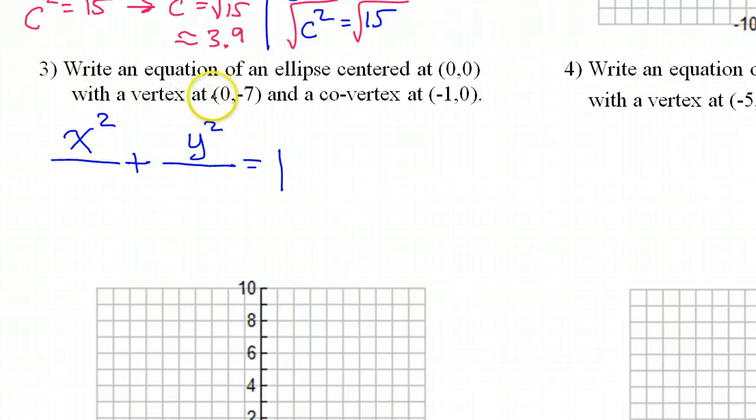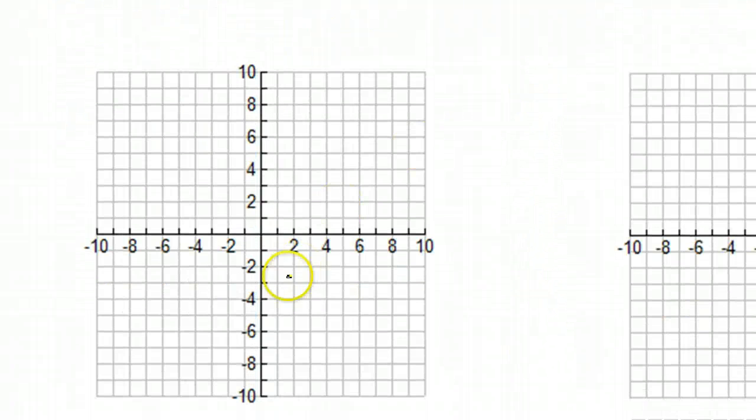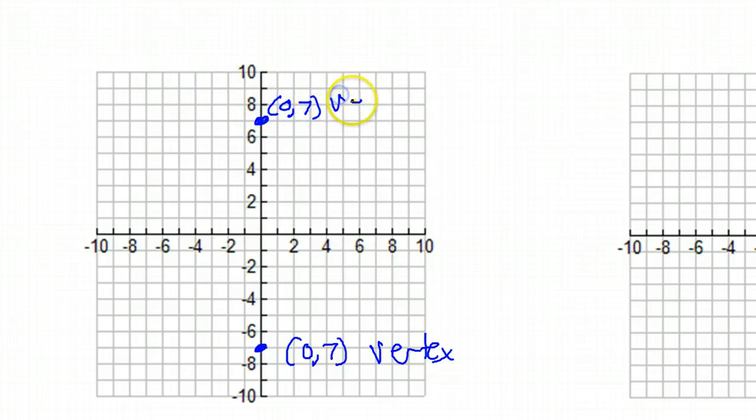So all we need is our a squared and b squared to put down here. Now, the vertex is at 0, -7. So let's graph that. 0, -7. It's right there. Now this is the vertex. So by definition, there'll be one up here as well, at 0, +7, that's another vertex. By definition, if it's the vertex, that means this is the long way.